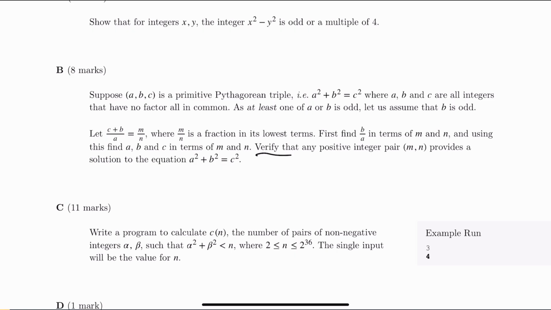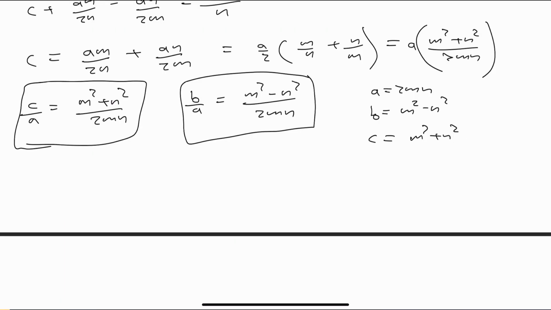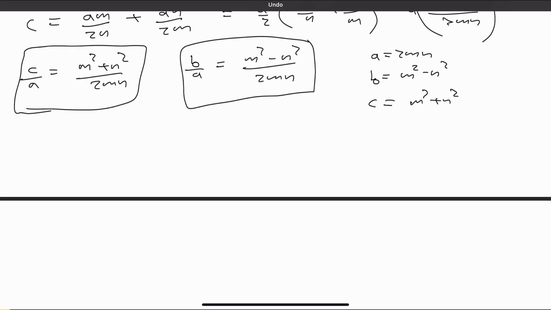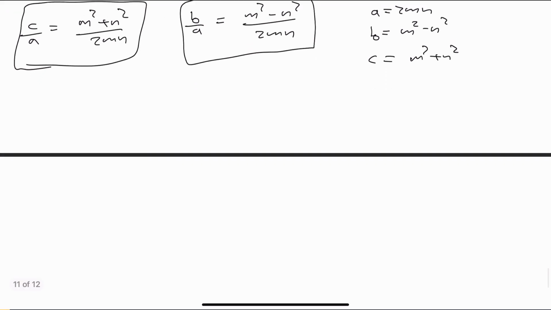Okay, and then the final step is just to verify that our solution works. If we plug what we found into a squared plus b squared equals c squared, then we have (2mn) squared plus (m squared minus n squared) all squared.